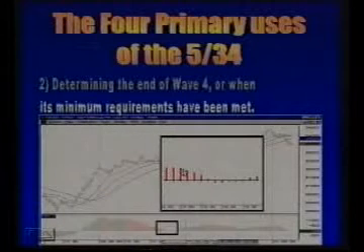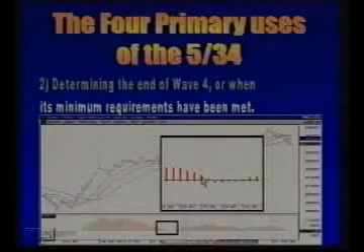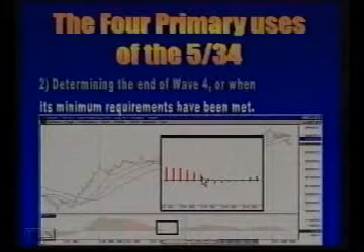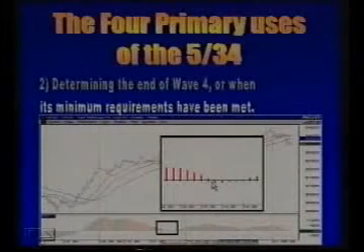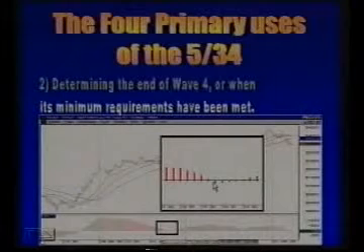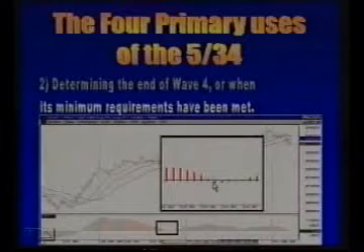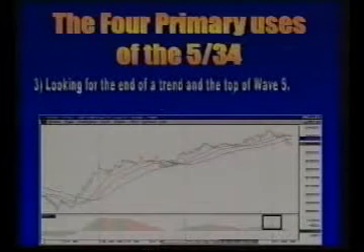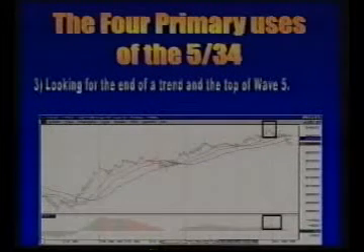If we're in a wave 4, we certainly don't want to trade it, because 85% of all of our whiplashes happen in wave 4. We want to wait until this crosses 0 before we even start to look for a place to go long or short again.